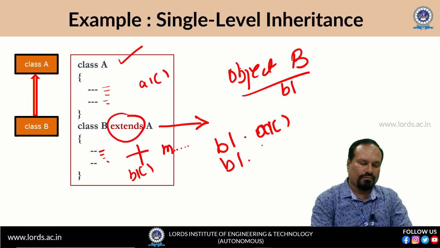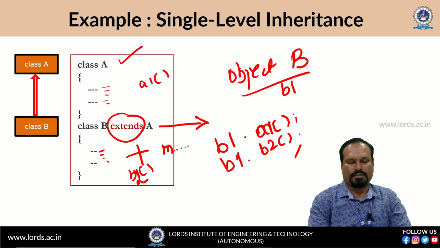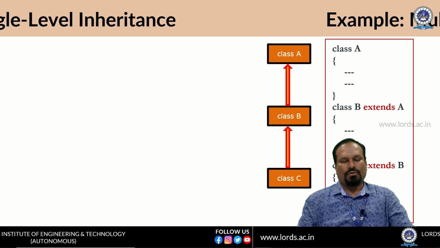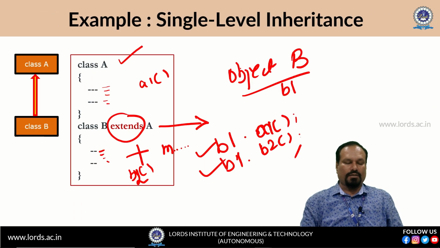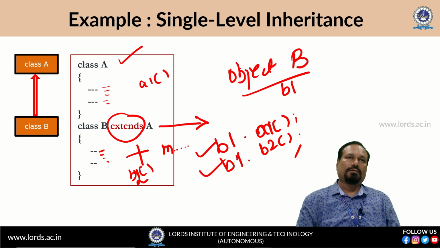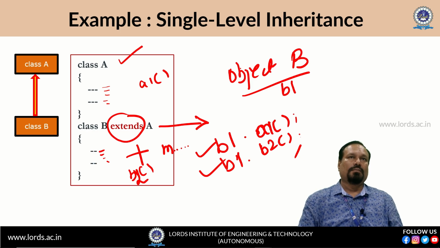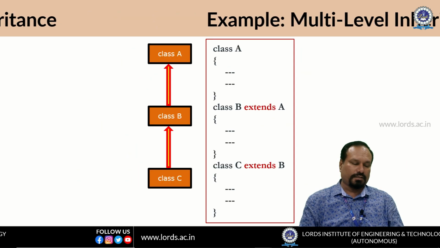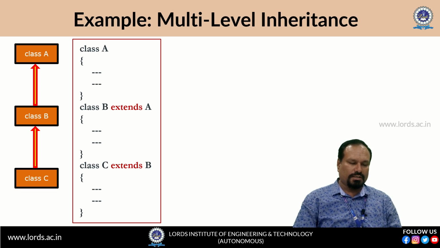So I can write B1.A1 and B1.B2, and access them like this. We have a good option of creating only one object for a derived class, and we can use the functionalities of the base class and derived class together.